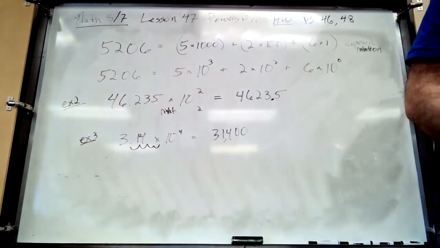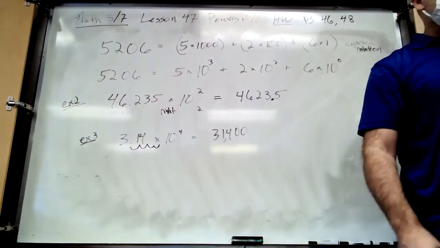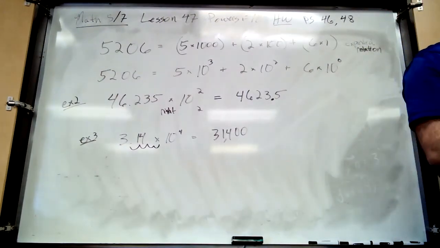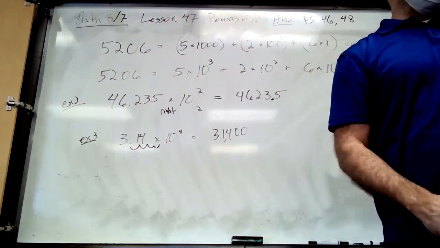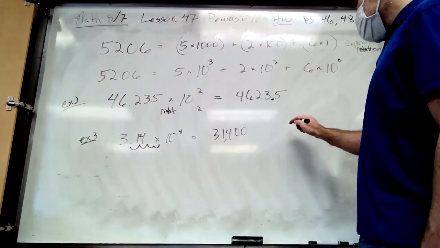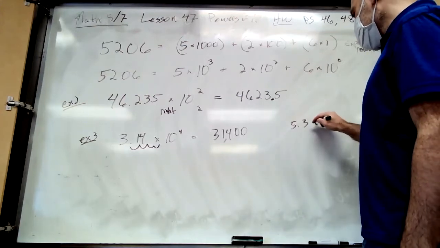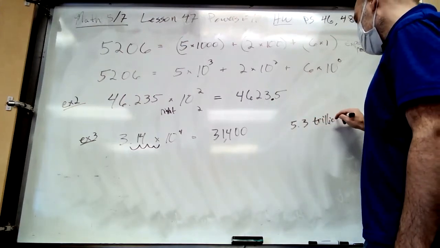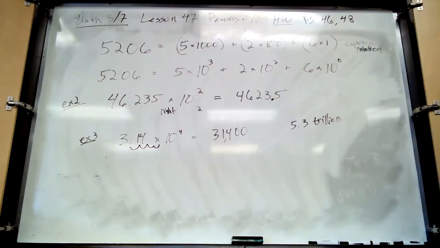Okay, so when I say something like our national debt is $5.3 trillion. I don't know what it is. But how do you say 5.3 trillion? Well, how do you say trillion? Well, trillion is, let's see, that is 12 zeros.